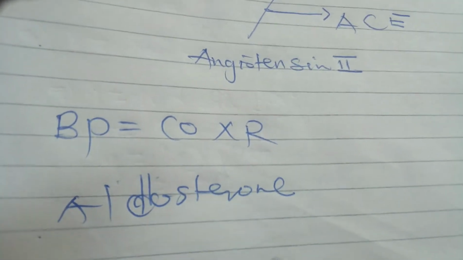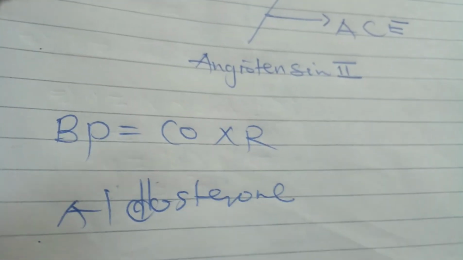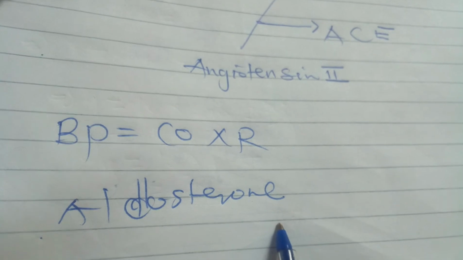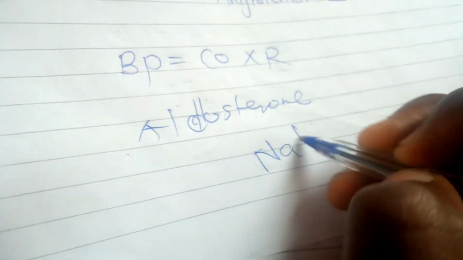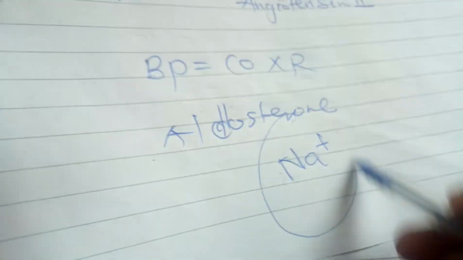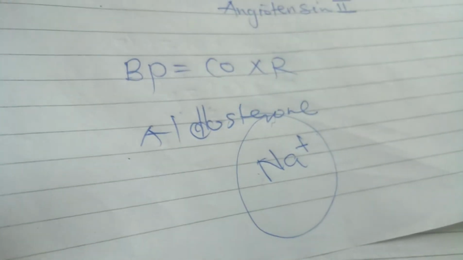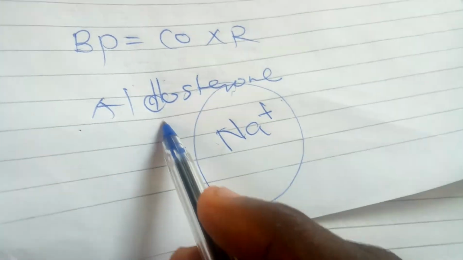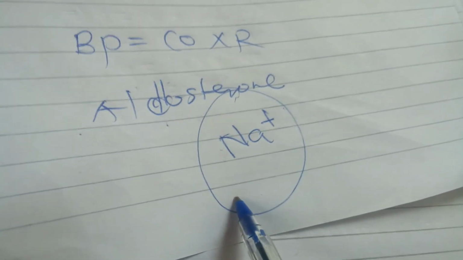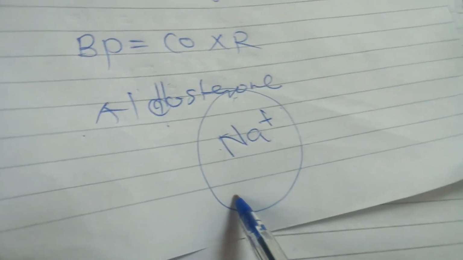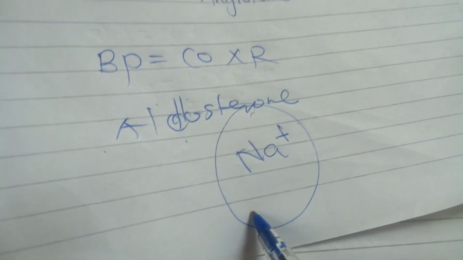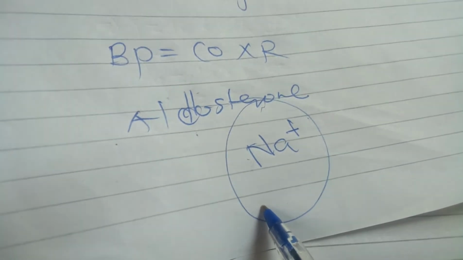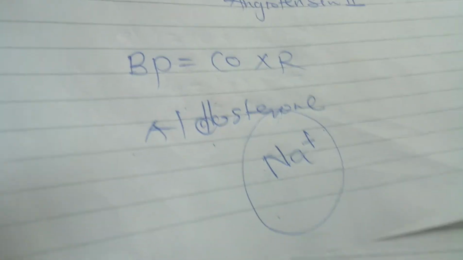Now what aldosterone does is that it increases the amount of sodium absorption. So in the presence of aldosterone, absorption of sodium increases, and this sodium will cause an increase in intravascular volume.